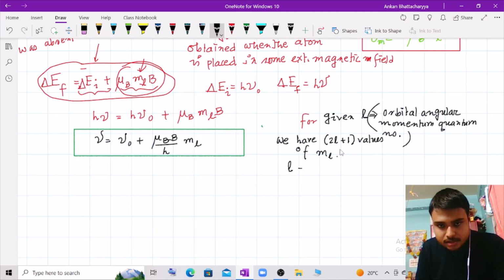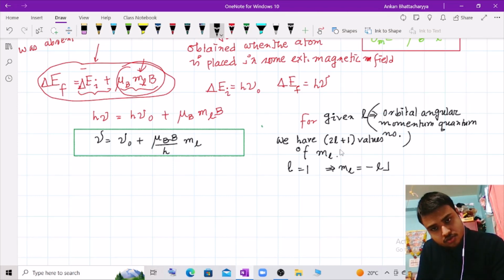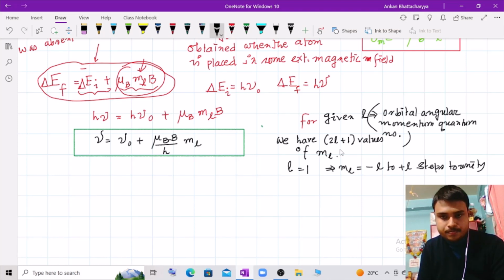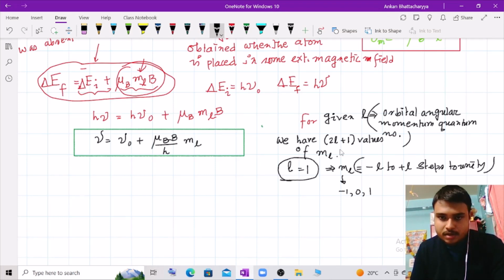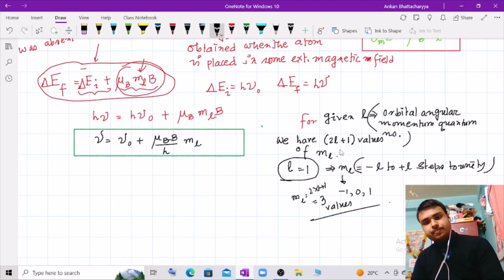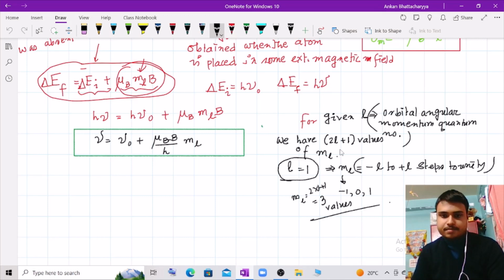Let us suppose for L equal to 1, the value of ml becomes minus L to plus L in steps of unity. So ml becomes minus 1, 0, 1. So for given L, we get 2 into 1 plus 1, that is 3 values. For L equal to 1 we have 3 ml values.